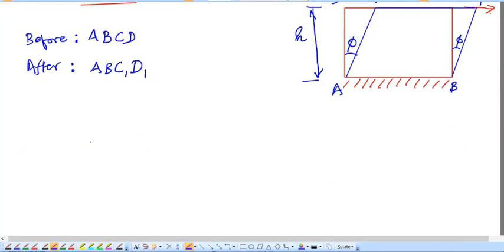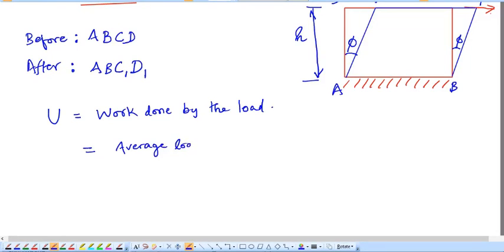In this case, the strain energy stored in the body is equal to the work done by the load. The work done by the load is equal to the average load into distance.